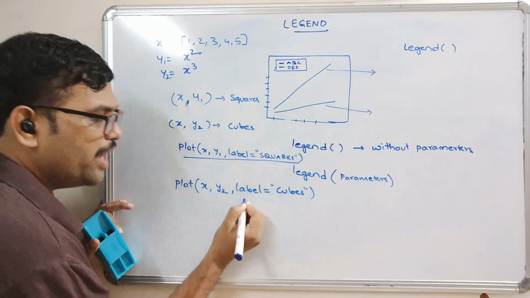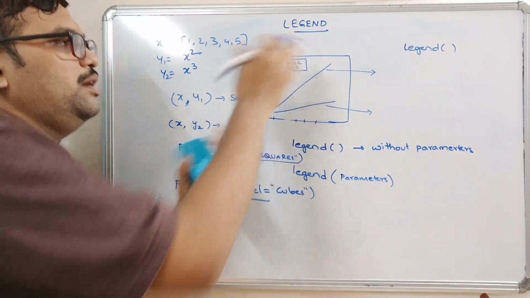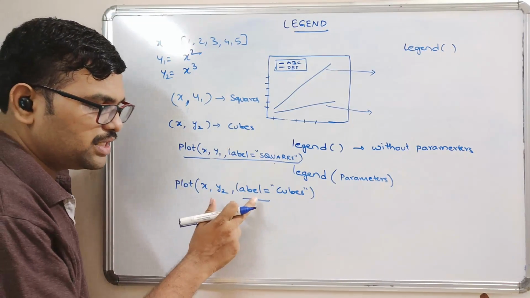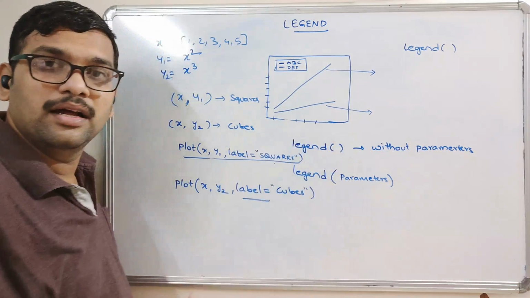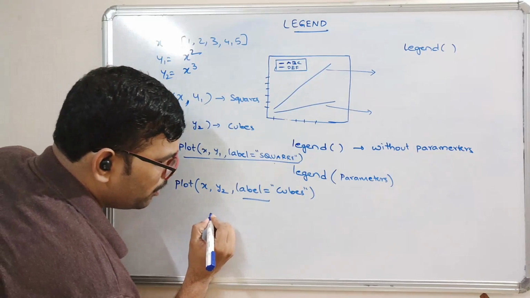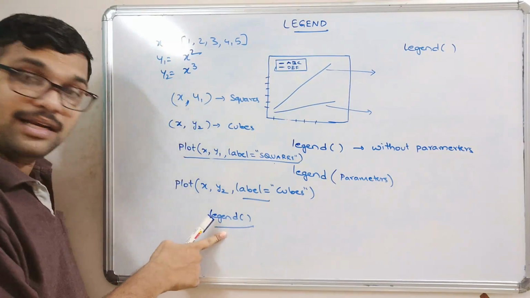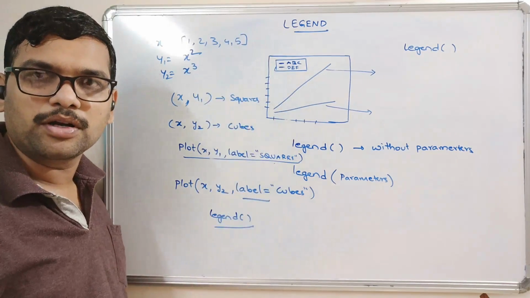So here we need to add one more parameter in the plot function called label, which gives the name for the particular line. And in this case, if you are using the label inside the plot function, there is no need to give parameters inside the legend in order to display the labels. So simply you can go with the legend function. Without calling the legend function, even though you are writing the label, it will not be displayed on the plot.